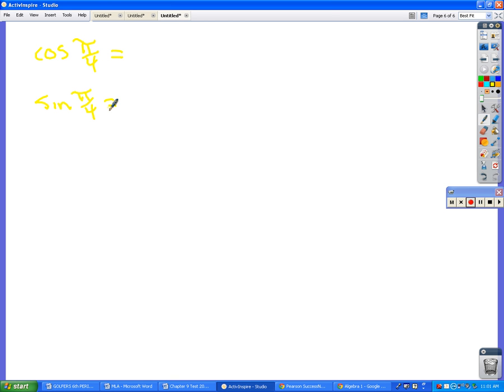And it's the exact same thing as what we did before with just one little extra added step. I just need to figure out pi over 4 radians is how many degrees. So I multiply by 180 over pi. The pi's cancel out. 4 goes into 180 45 times. So it's 45 degrees.